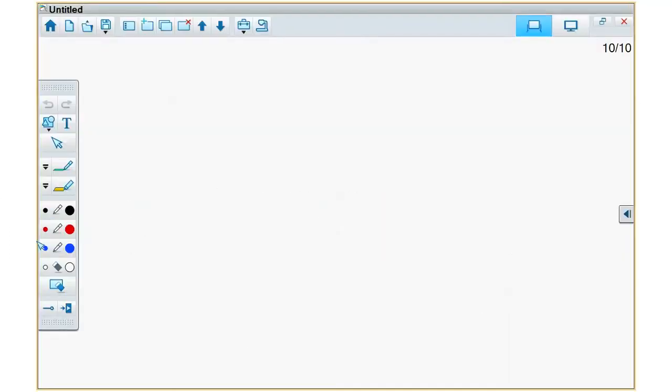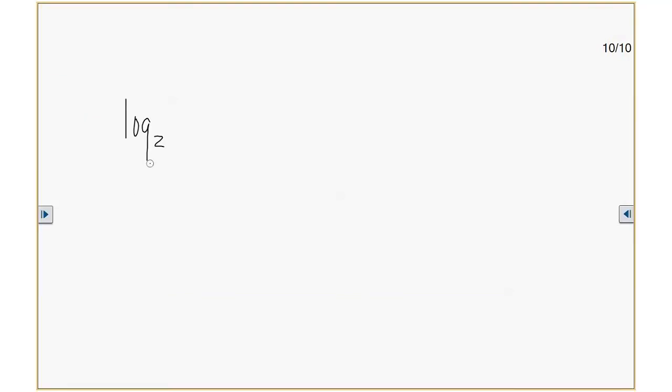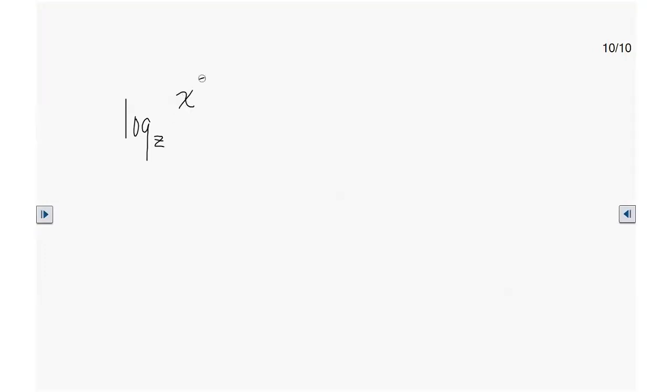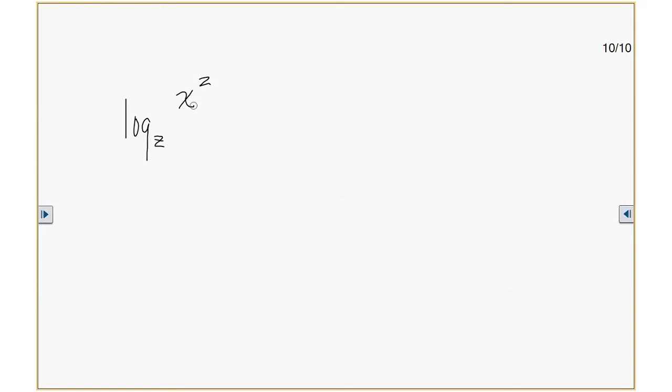Log base z of x to the 5th, y cubed, over 3. You see?